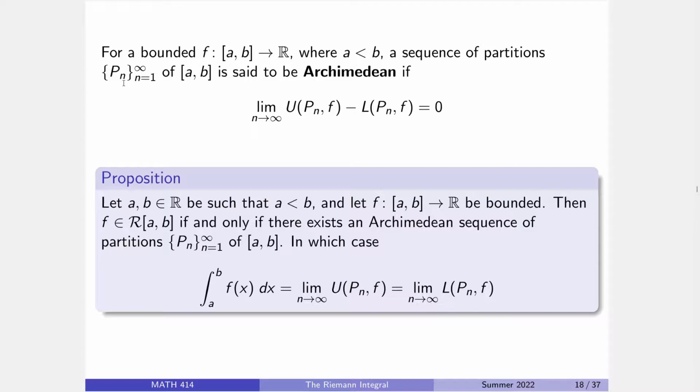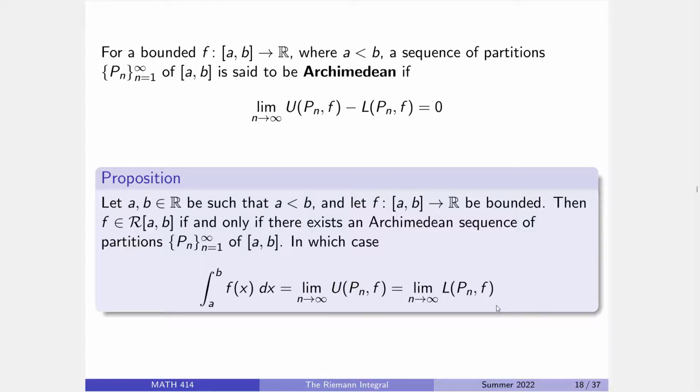A lot better than given an epsilon there is some partition. Indeed. So, as we will now prove, you are Riemann integrable precisely if you have access to an Archimedean sequence of partitions, and furthermore, if you can find such a sequence of partitions, it gives us a way of computing the value of the integral via a limit of a sequence. There we go. That's the good stuff.